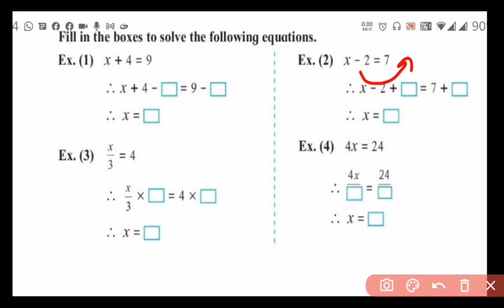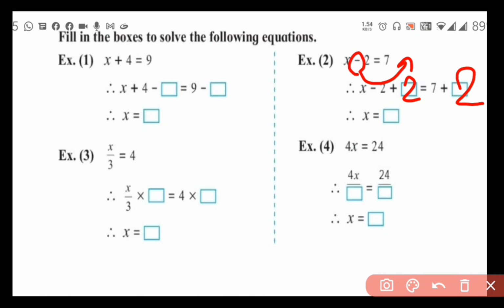Here it is minus 2, so we have to add 2 on both the sides. On the left hand side we add 2, and on the right hand side we also add 2. The same number should be added on both sides.